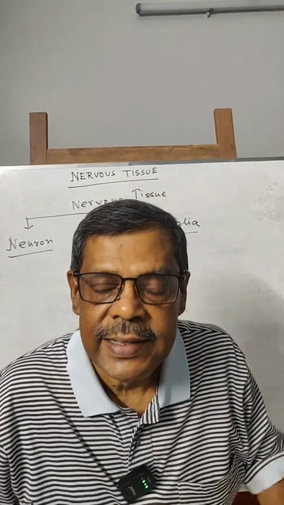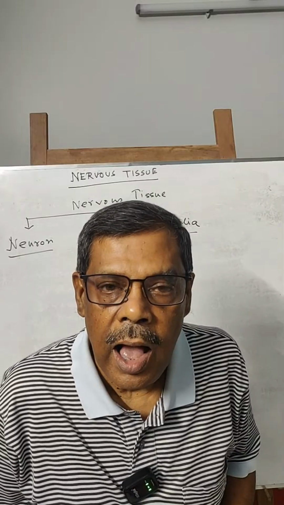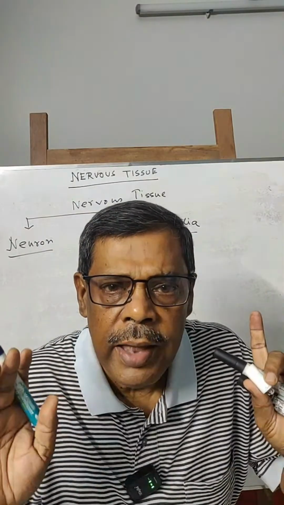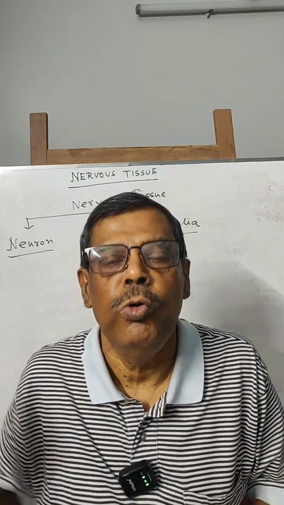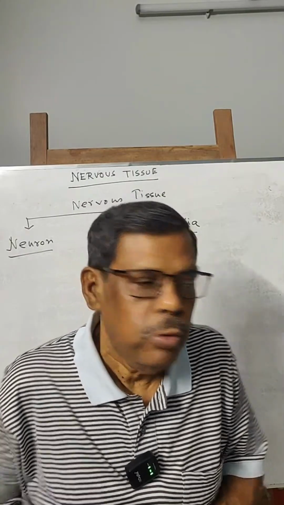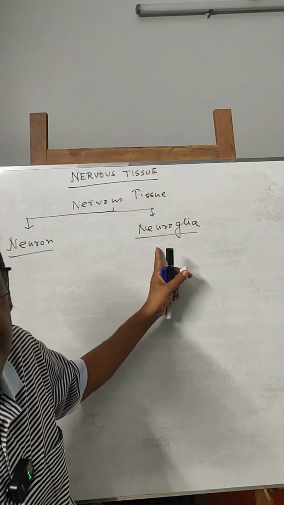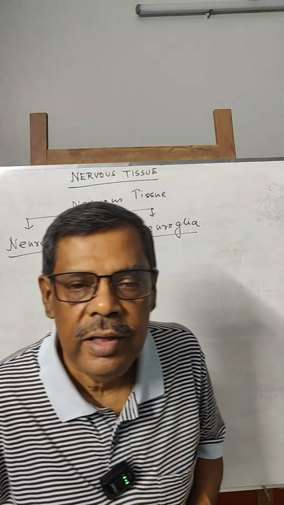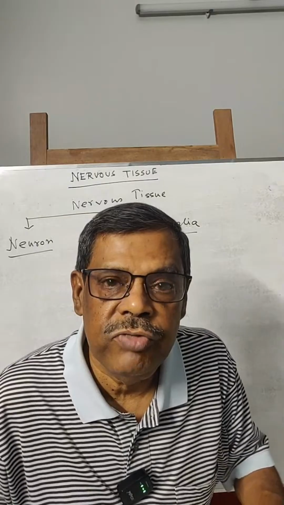The number of glial cells is more than the neurons in nervous tissue, though they are modified connective tissue cells.